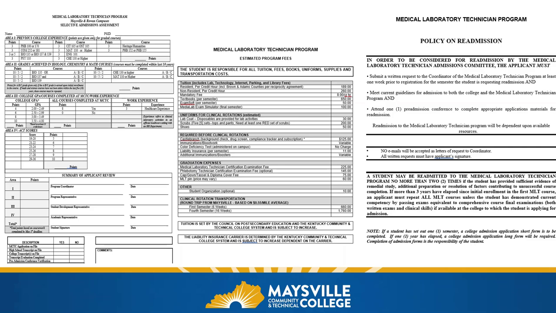You would have to meet current guidelines for admission to both the college and the MLT program, attend a pre-admission conference and complete the appropriate materials, and make sure all those documents are signed. And of course, readmission will be dependent upon available resources. A student may be readmitted to the MLT program no more than twice, because all MLT courses must be completed within 3 years.